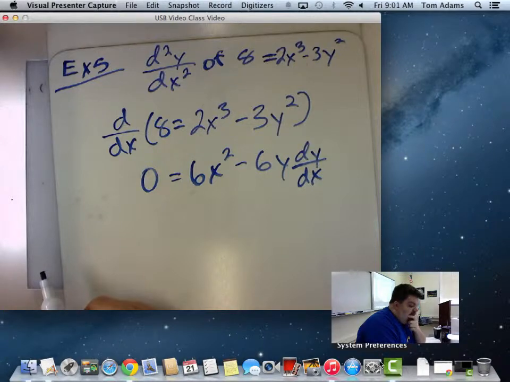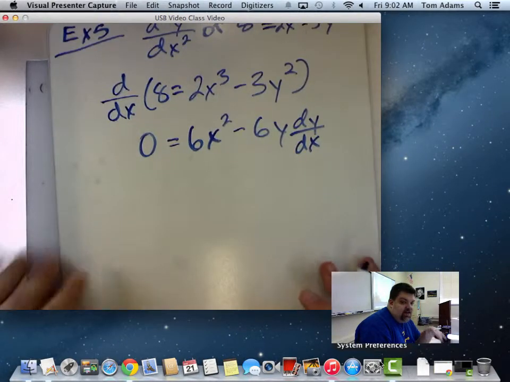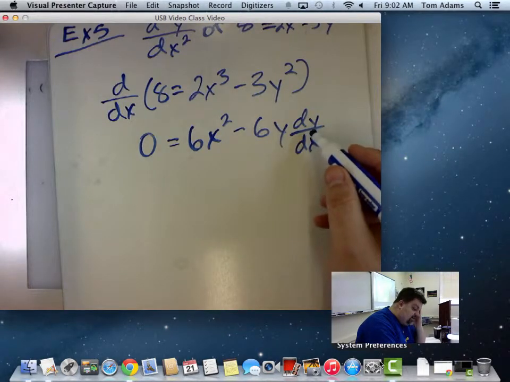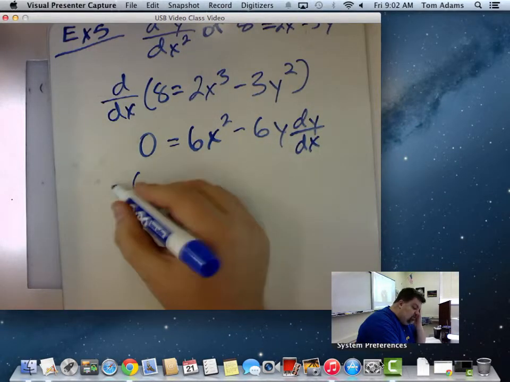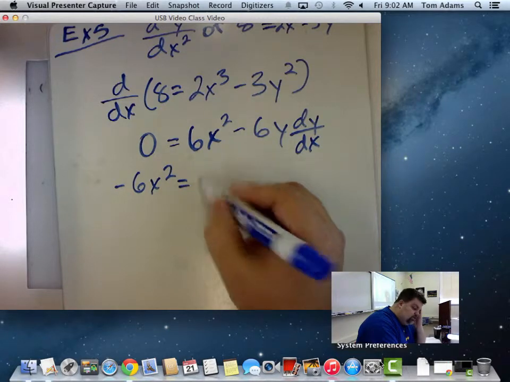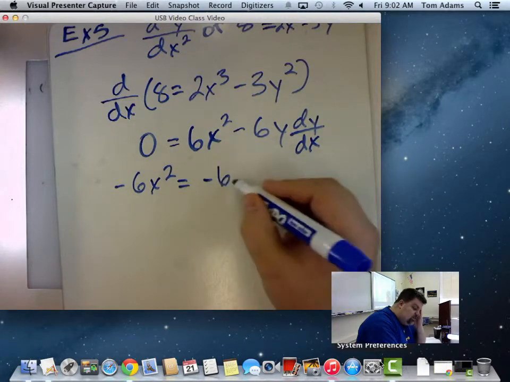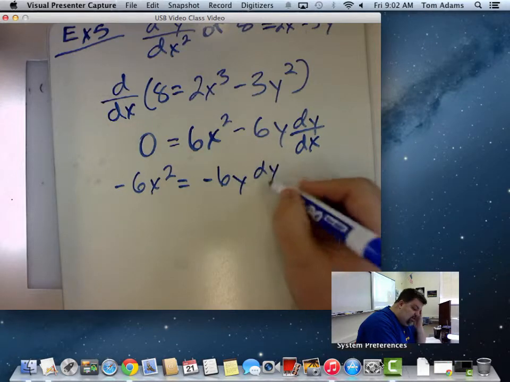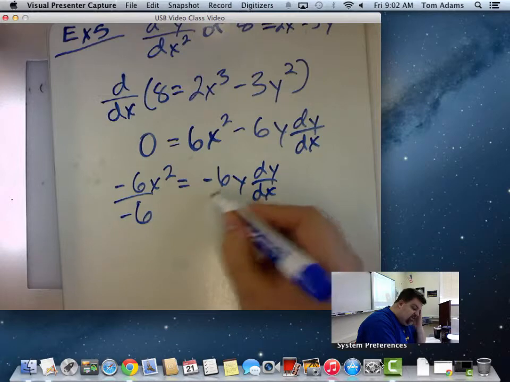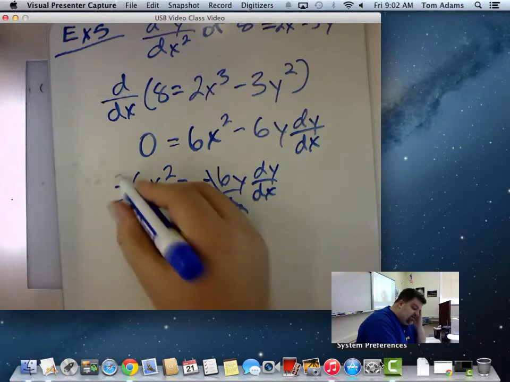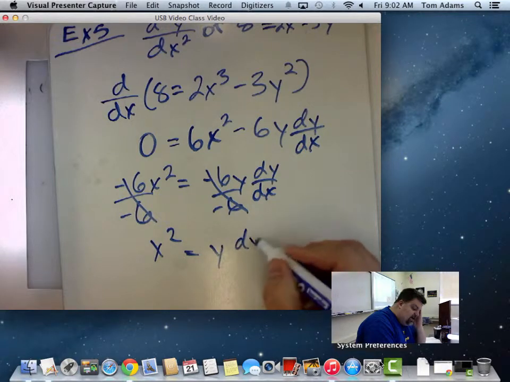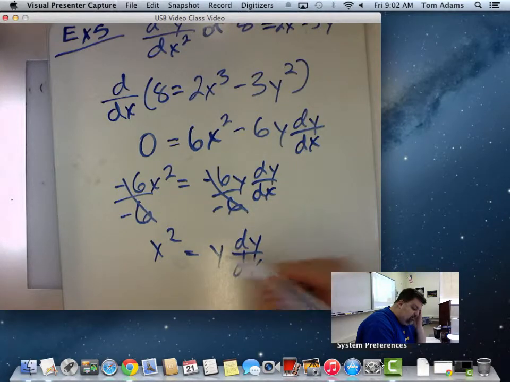All right. So now to differentiate that implicitly, I have to solve for this dy/dx. So I move this over to the other side, and I get negative 6x squared is equal to negative 6y dy/dx. Divide both sides by negative 6. These cancel, and I get x squared is equal to y dy/dx.